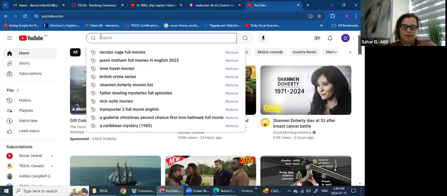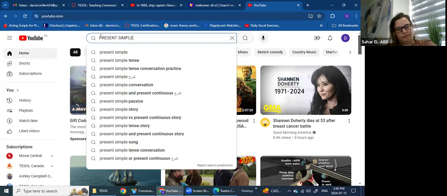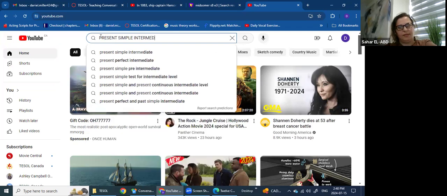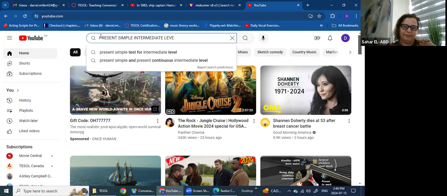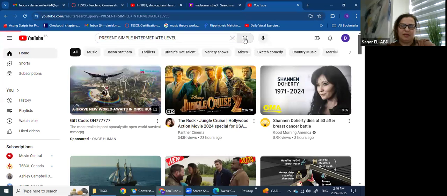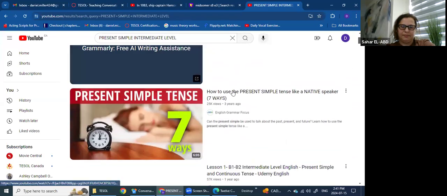Present simple daily routine, elementary level. Or intermediate, sorry, intermediate. It's mixed, the intermediate usually mixed, but it's okay. Yeah, this is the one.